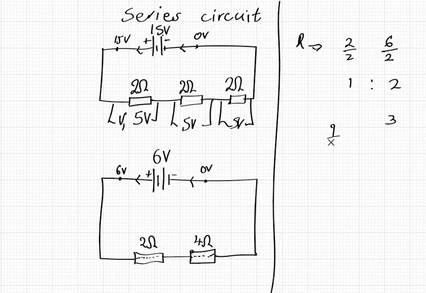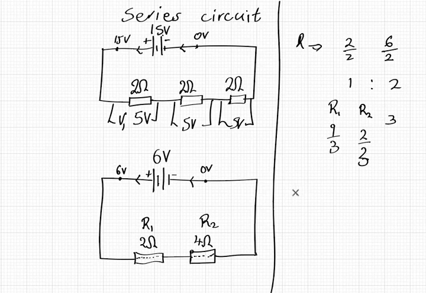So we have 1/3 and 2/3. Call this one R1, call this one R2. So R1 will take 1/3, R2 will take 2/3. 2/3 of what? Of the energy per charge. That's it, that's voltage, right?